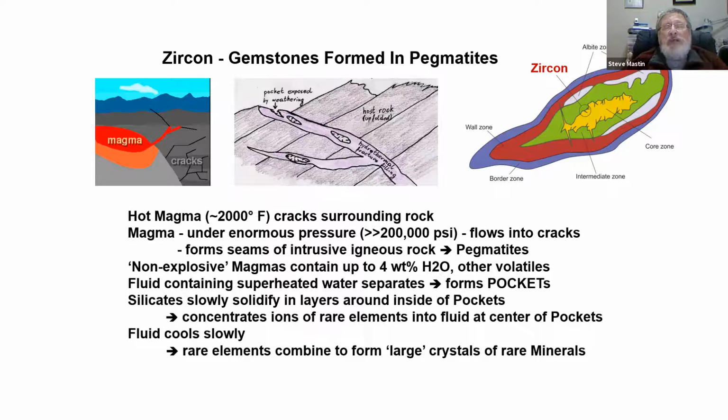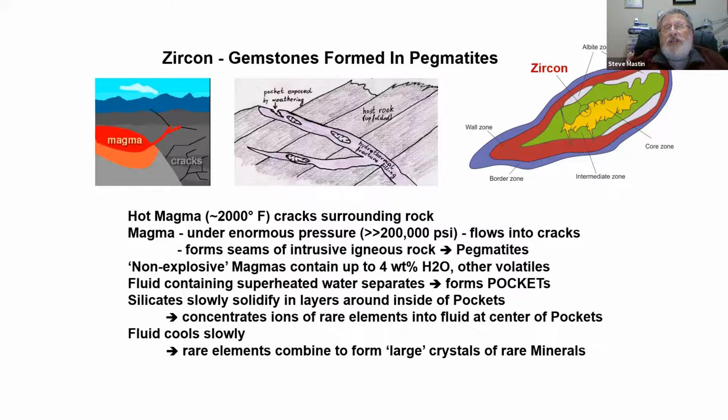Now, that magma contains fluid, volatiles. And since they're under incredible pressure, even though most of it is water, it stays as a liquid, and it sort of forms little pockets in the pegmatite as the pegmatite cools.